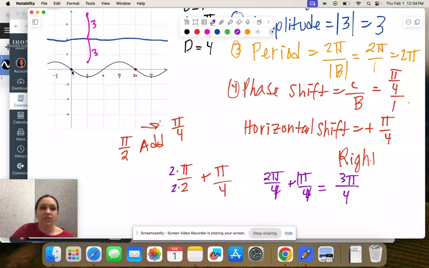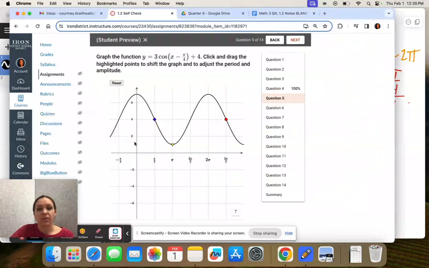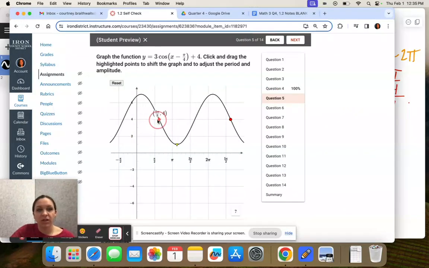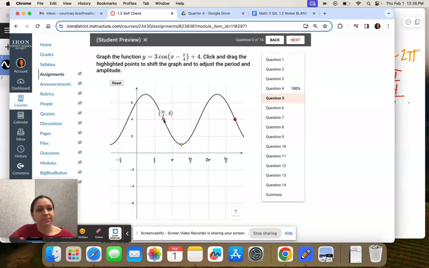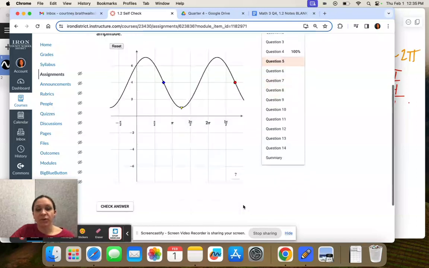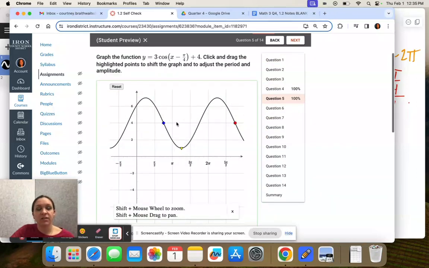So I need to make sure that blue dot has a value at 3 pi/4 now. That's the shift. So I'm at pi halves, I'm adding pi fourths, so it's going to be 3 pi fourths right there. And that's it. We've done all of our shifts. Our period was good. Amplitude's good.